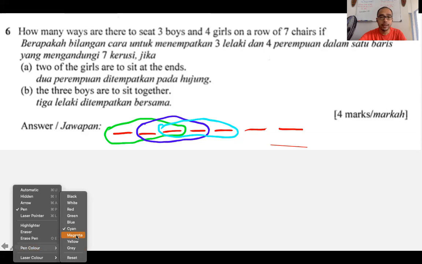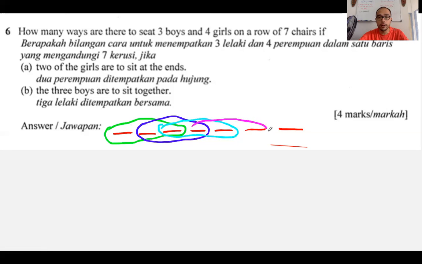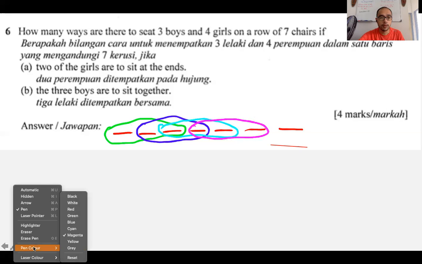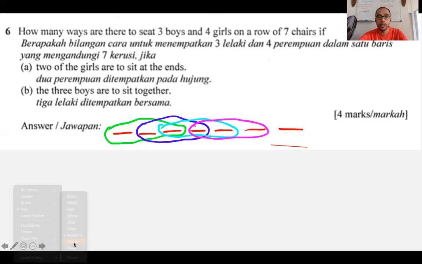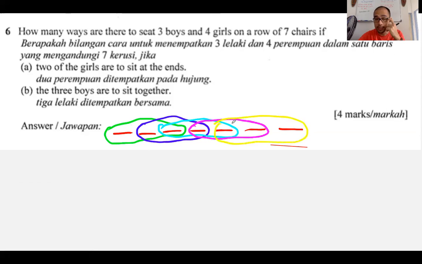Okay, and then case number 4 over here. Okay, and finally case number 5. So there'll be 5 different cases where the 3 boys can sit together. Obviously, 2 di sini dan 1 di sini langsung tidak masuk akal because they are not sitting together. So we don't want to consider that.